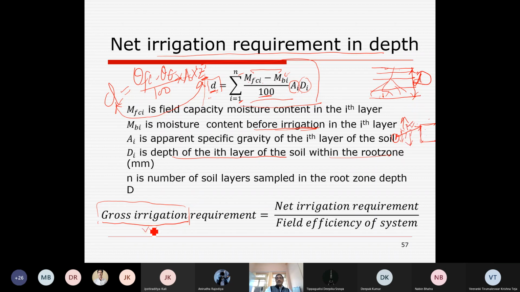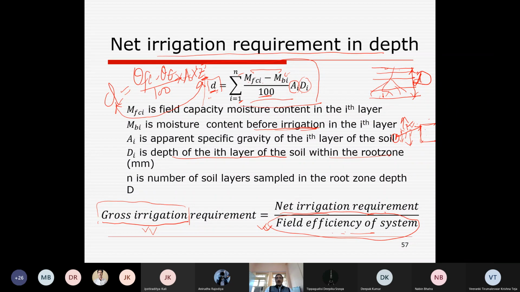it comes into the picture as the gross irrigation requirement, that is the net irrigation requirement divided by the field efficiency of the system or conveyance efficiency of the system. There are a number of aspects of efficiency to understand, and we will be discussing them at the end of this particular topic.